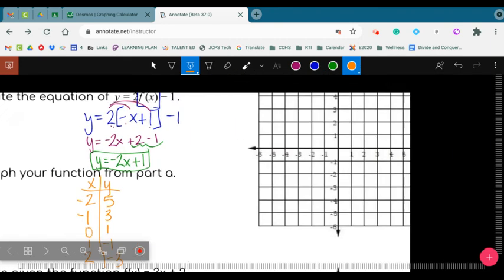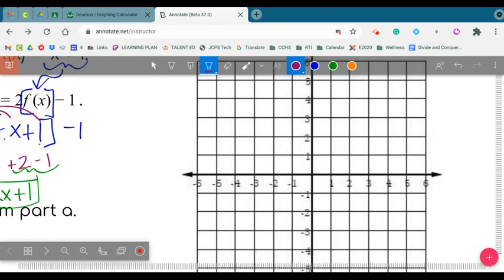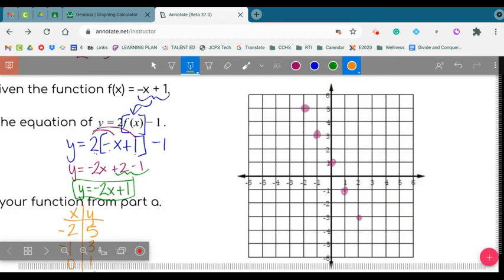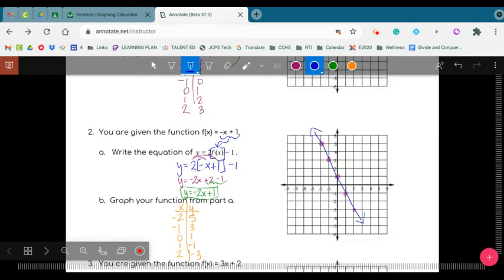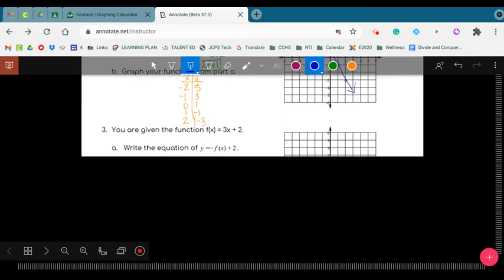So we're going to plot these. Let's start with -2, 5, -1, 3, 0, 1, 1, -1, and 2, -3. And then draw your line in between those points. And you have done your scale change.